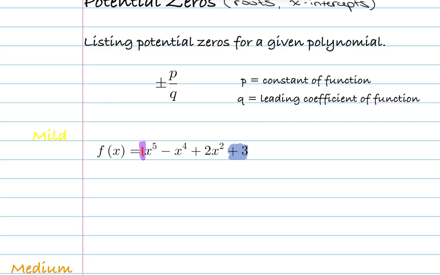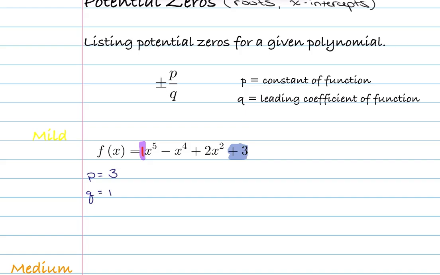Okay, so just to write everything out like a little shopping list, I have my P is equal to 3 and my Q is equal to 1.